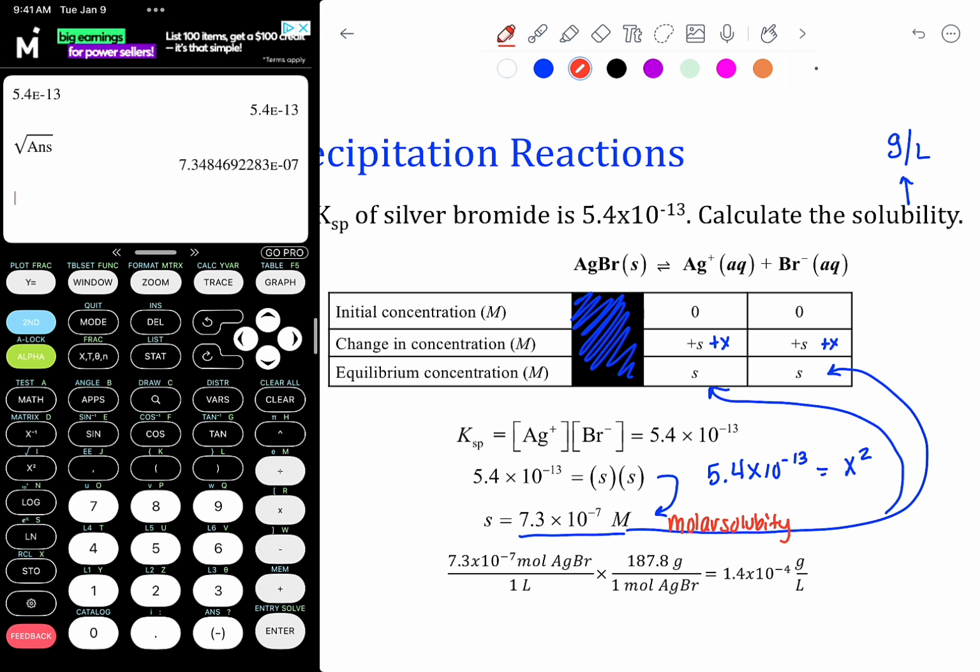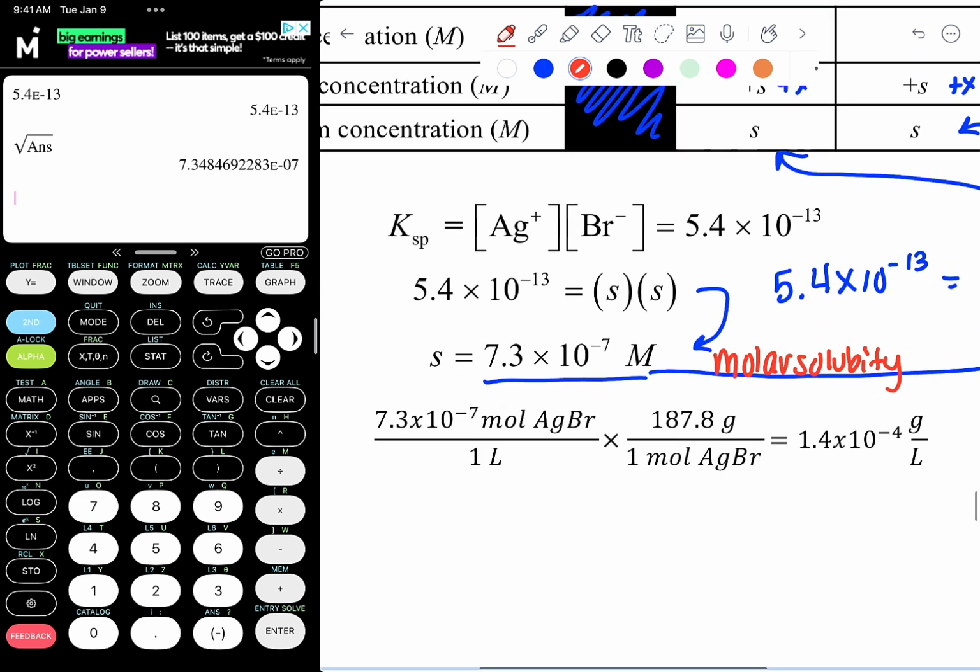So for the overall system of silver bromide, that 7.3 times 10 to the minus 7 is the concentration of the silver bromide. We know that that has units of moles per liter. And if we want to find the solubility in grams per liter, we're just going to use the molar mass of silver bromide to convert from moles per liter to grams per liter.